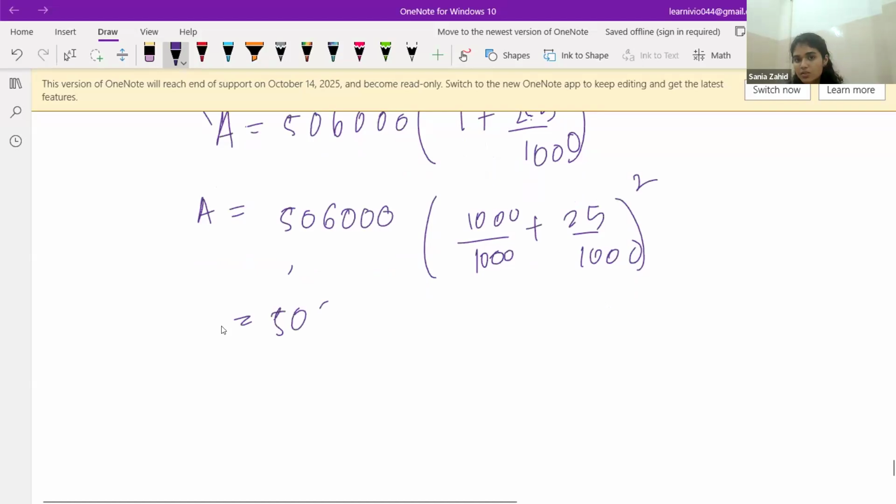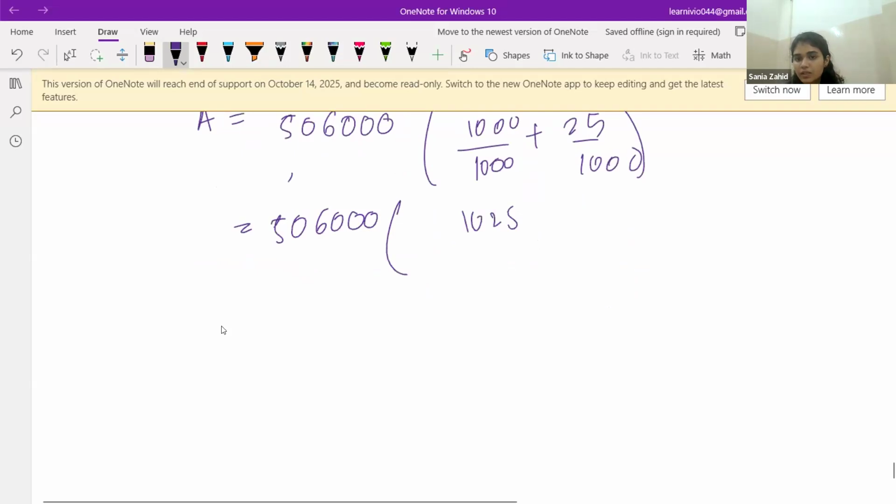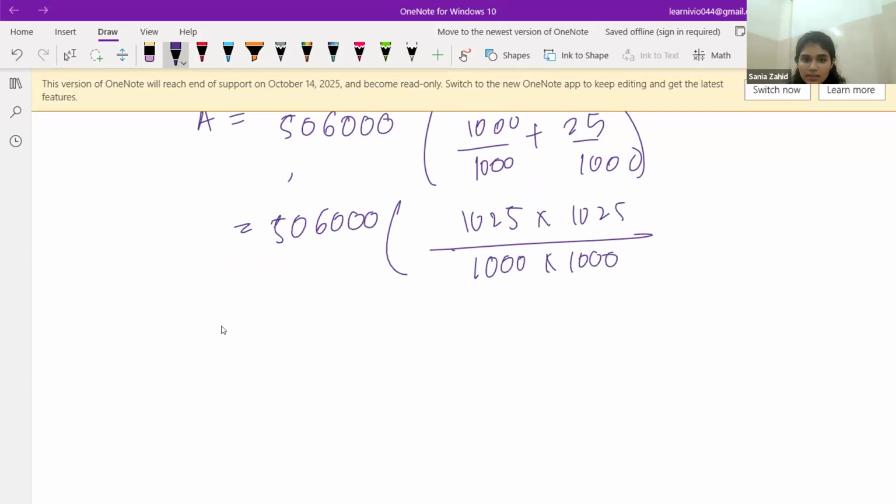You get 506000 times 1025 into 1025 divided by 1000 into 1000. Cancel three zeros with three zeros.